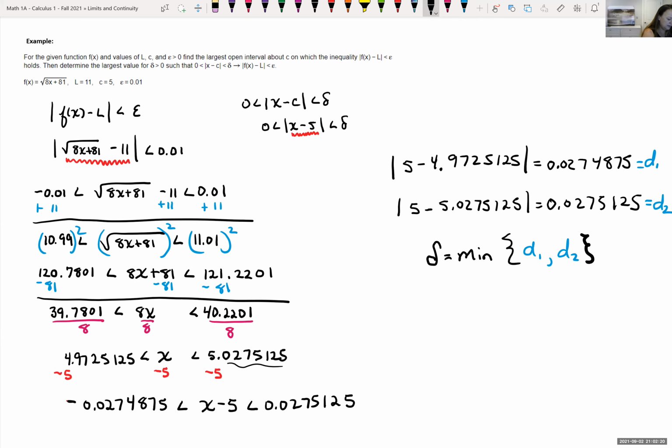And so looking at the smaller of the two, it looks like the first distance. It would be distance 1. That decimal is smaller. This is 4 here and this is 5 here, 4 is smaller than 5.